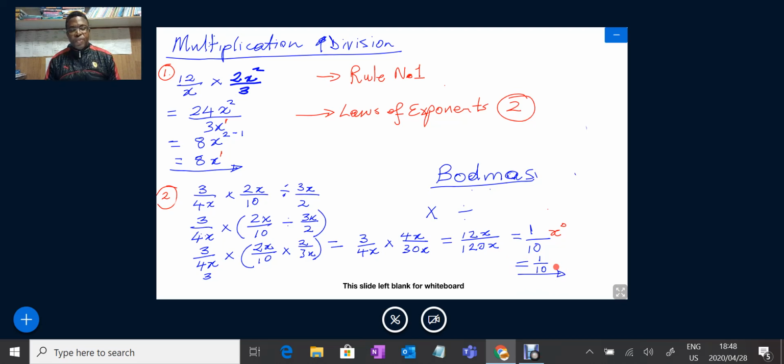What was the trick here? BODMAS. You must know your BODMAS. You must know what to do first. That's the important thing that you must know.